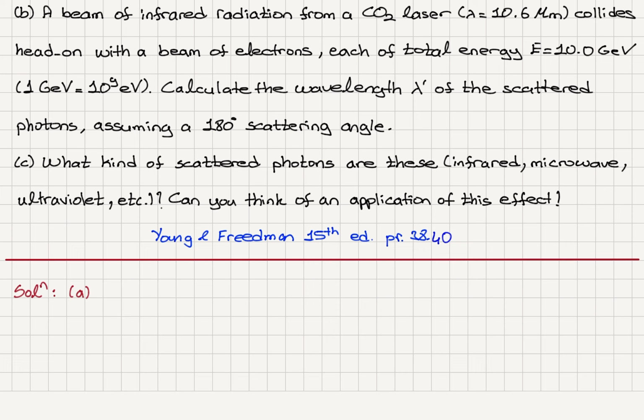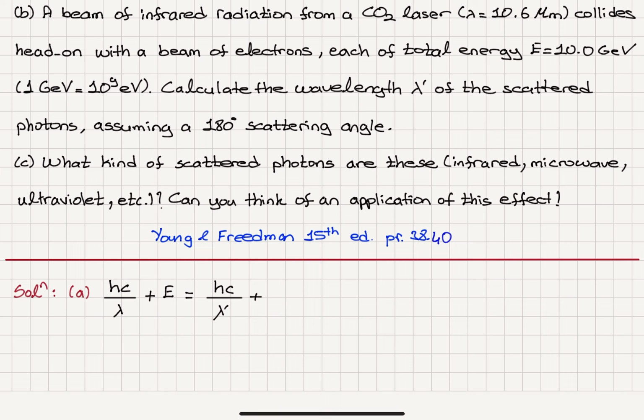All right. So we have the incoming photon energy hc over lambda, and then we have the electron energy E. The scattered photon has energy hc over lambda prime.